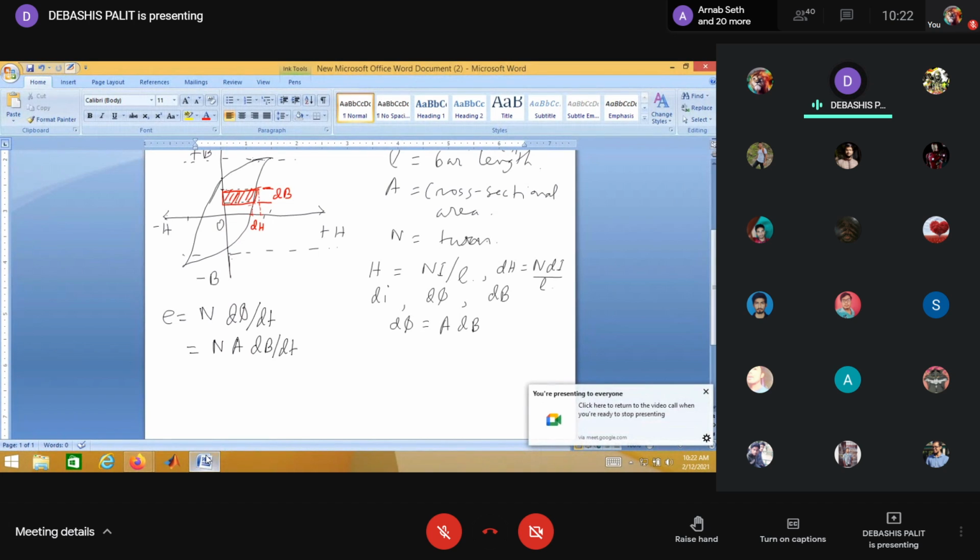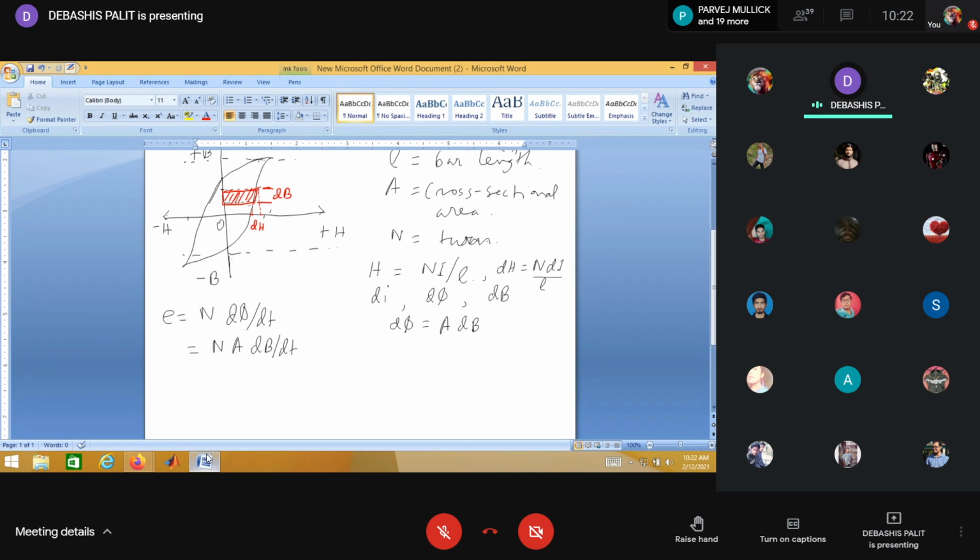So with the increment of current, there is some energy wastage, which is manifested in terms of voltage into current into time. So for the input energy, consider the induced EMF E and the instantaneous current, small i.